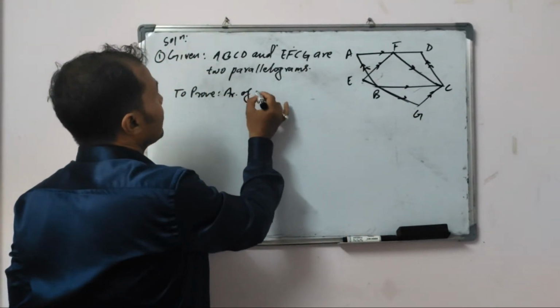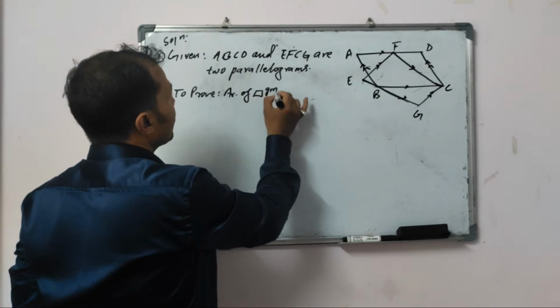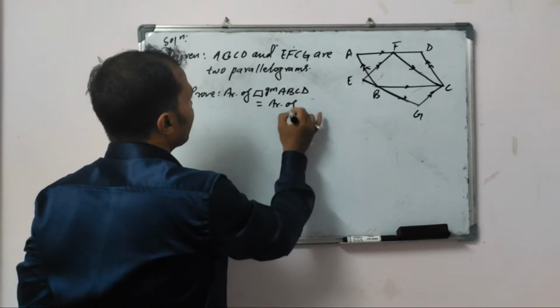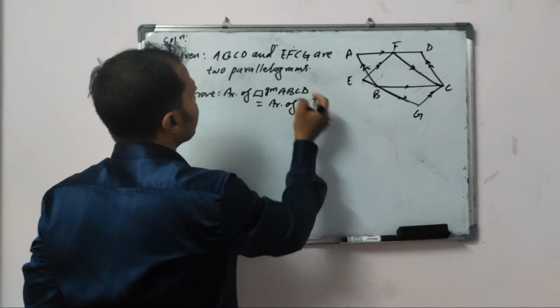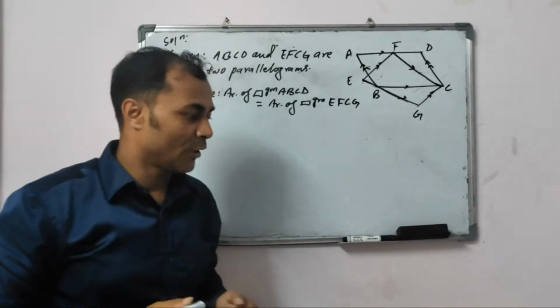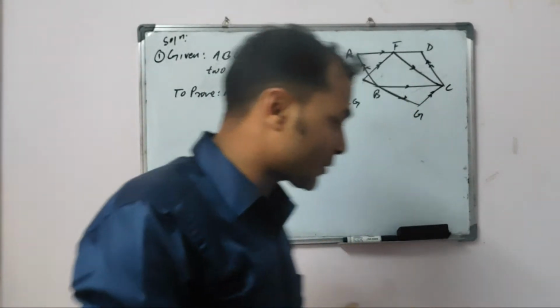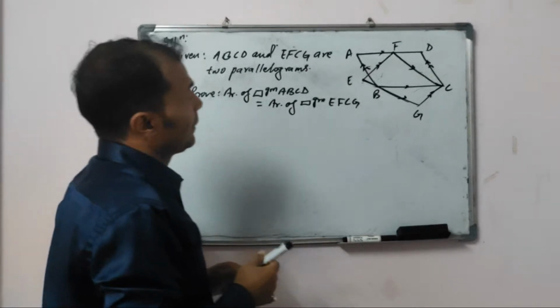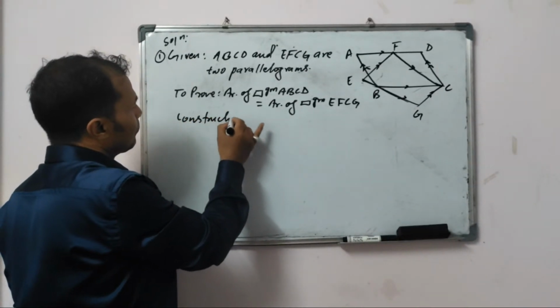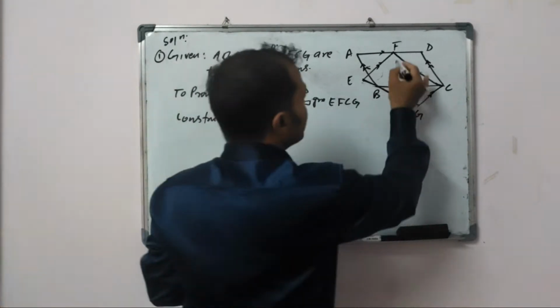Area of parallelogram ABCD is equal to area of parallelogram EFCG. Do you have any idea, guys, how to solve this? So we need a small construction over here. See, the construction is like this.